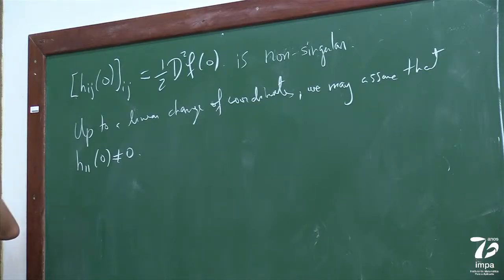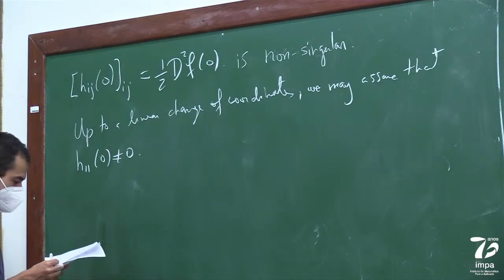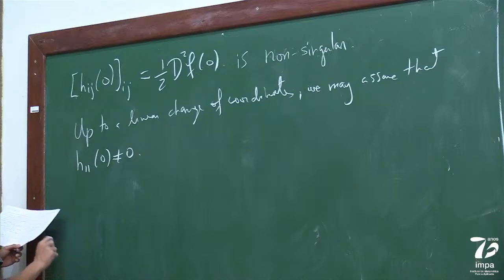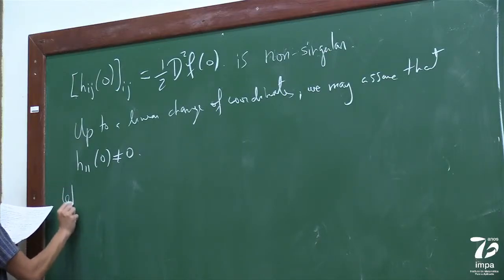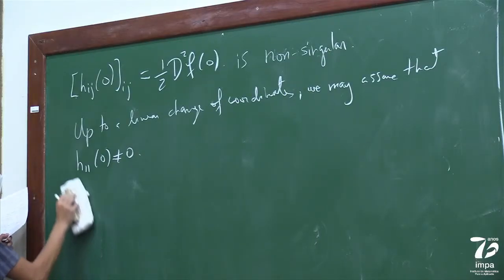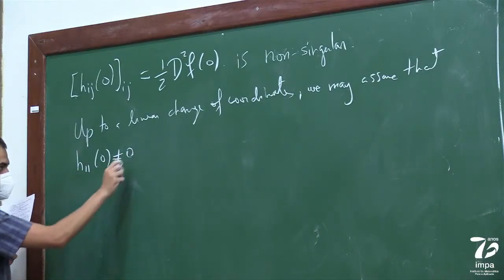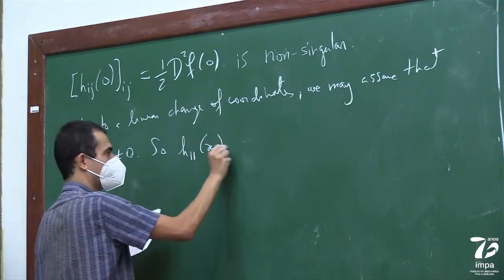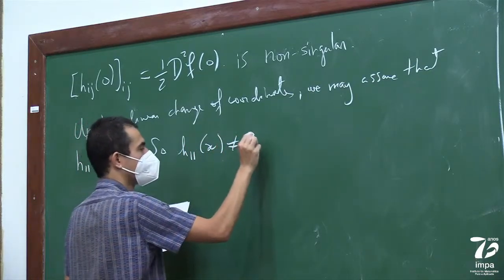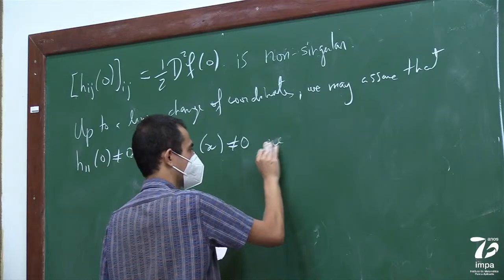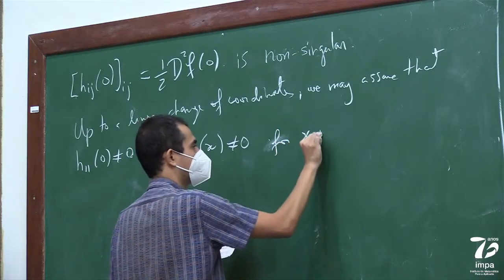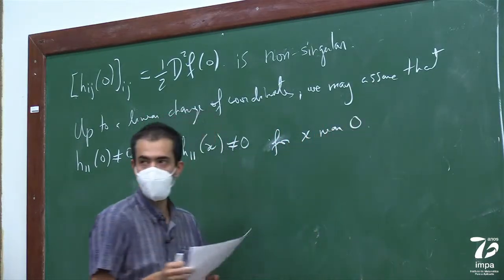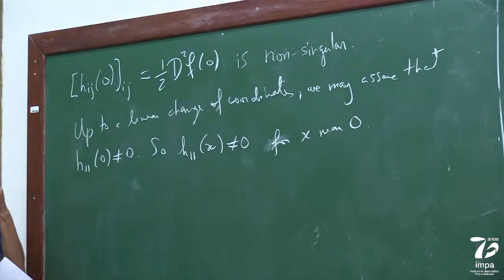Okay, so now I'm going to write down a change of coordinates that's very, very explicit. So this is non-zero at 0. So this function h11 is going to be different from 0 for x near 0. So in a sufficiently small neighborhood of 0, h11 is still going to be different from 0.